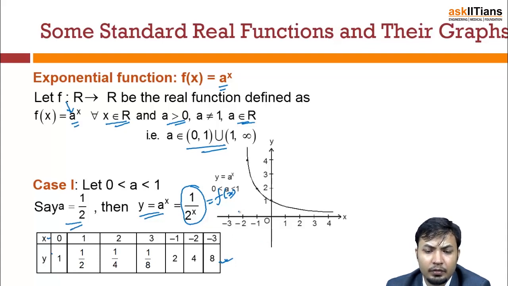Now you see the graph for this. My exponential function graph is always like this. Now you see this is a significant point. This graph will keep on going like this, but it will never meet the x-axis. We'll study this in further detail, but this is the important point.